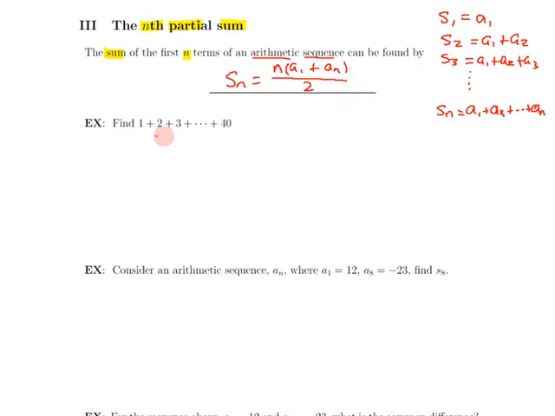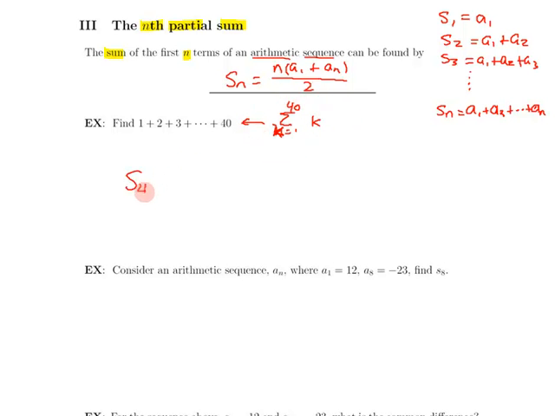So in other words, let's take this for example. This right here is the sum from k equals 1 to 40 of just k. The sequence is just k going from 1 up to 40. So this is like a partial sum because it is a finite number of terms. It goes up to 40.